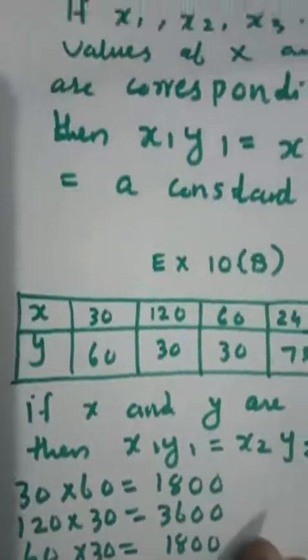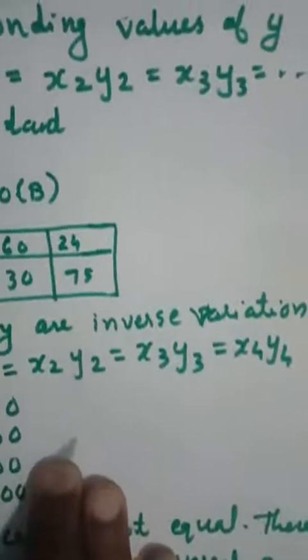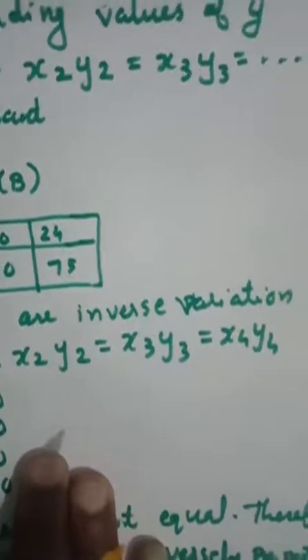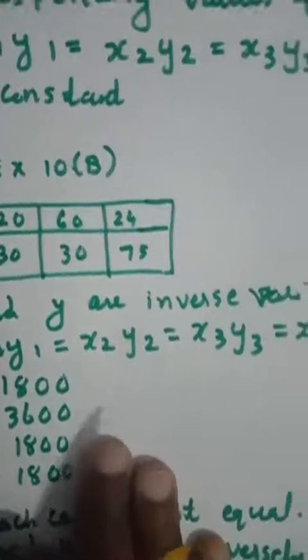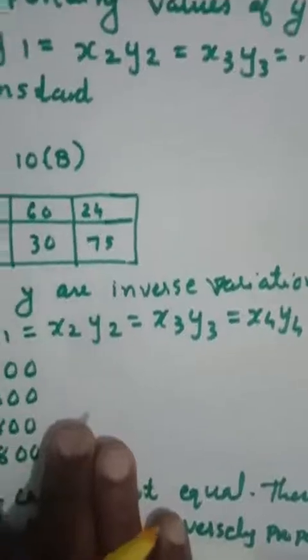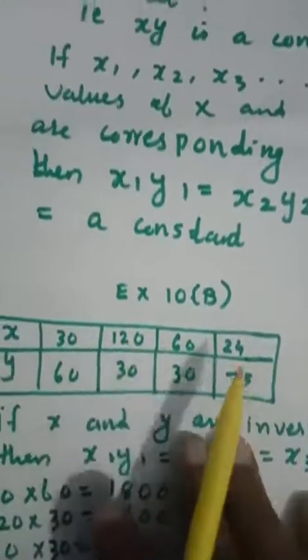If x and y are in inverse variation, then x1 y1 is equal to x2 y2 is equal to x3 y3 is equal to x4 y4. Here 4 variations are there. So let us check it.